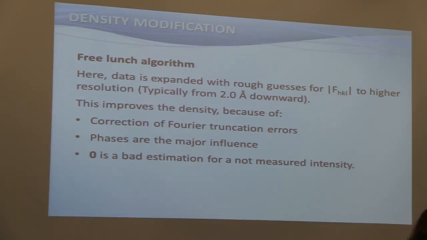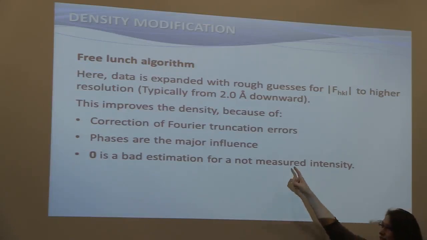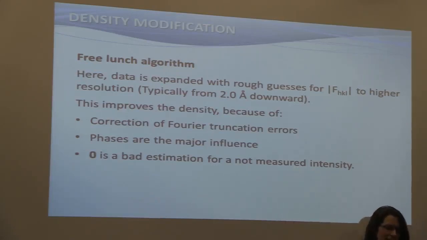And also, the phases are the major influence. I don't know if you've seen Fourier cats and ducks, but the cat dominates with the phases. The picture, while the duck with the amplitudes is not so good. So the phases are the major influence. Perhaps the intensities are just not so important.